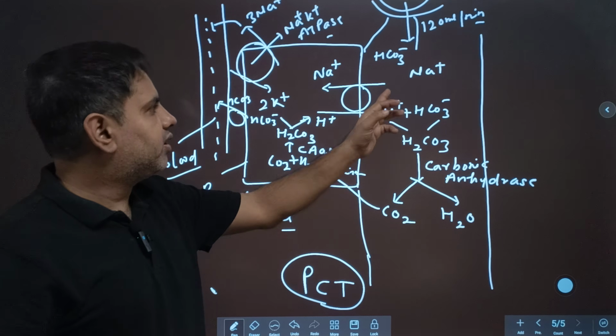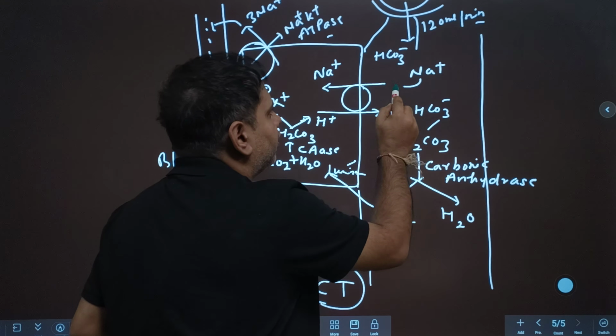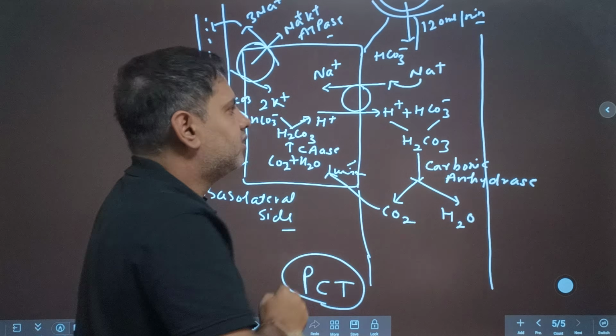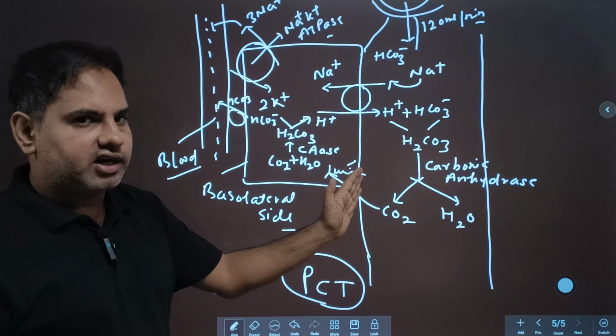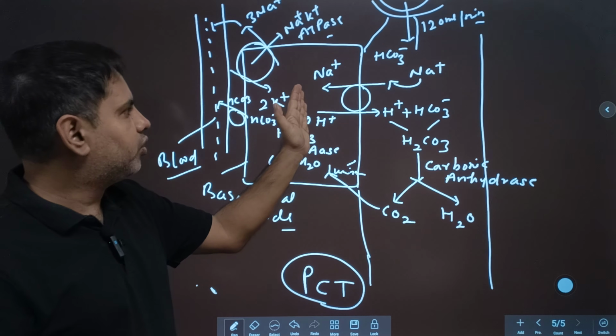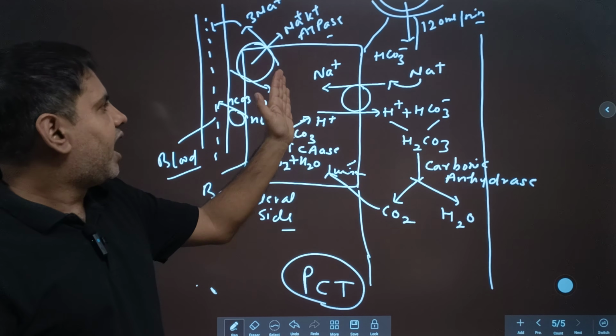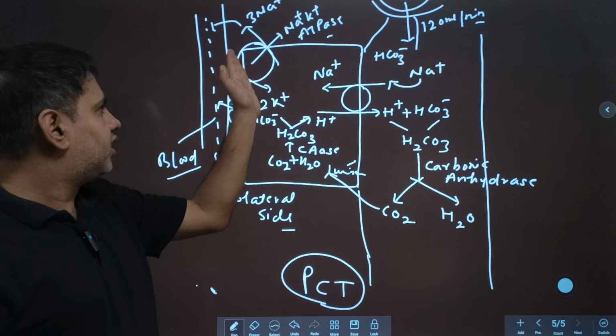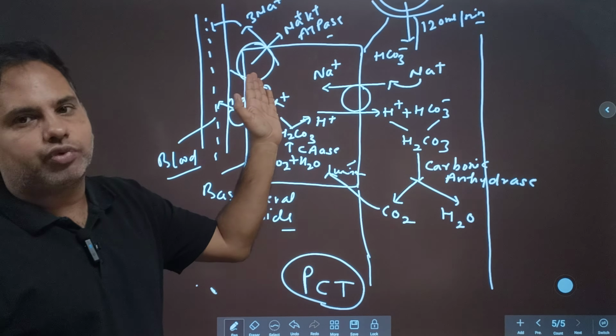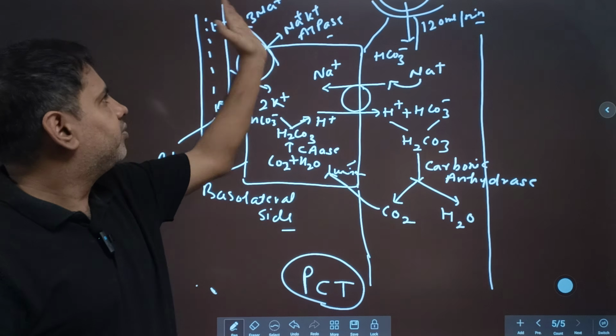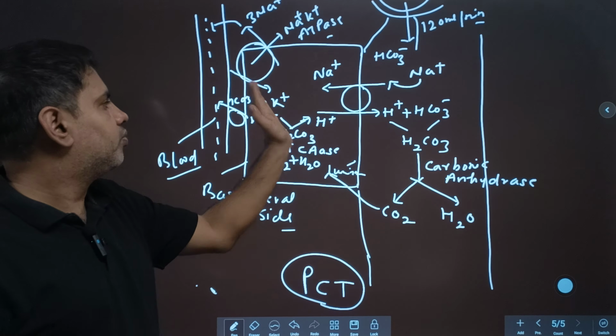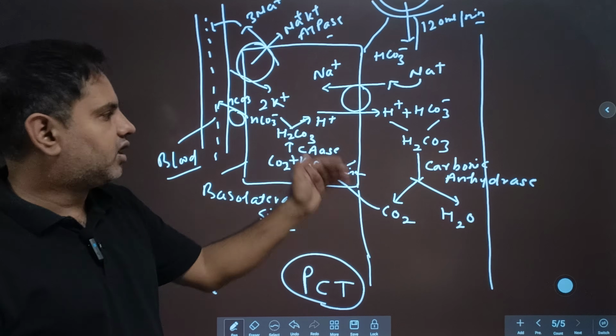So how is it going to reabsorb this sodium? The sodium hydrogen exchanger is the pump which is present at the luminal side. So sodium will enter inside the cells, and on the basolateral side there is a sodium potassium exchanger. So 3 sodium will go outside, 2 potassium will come inside, right?